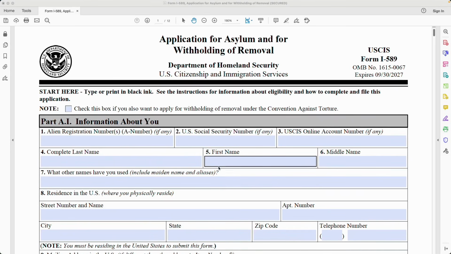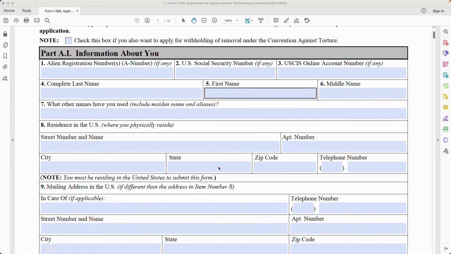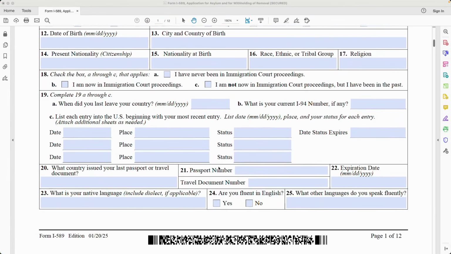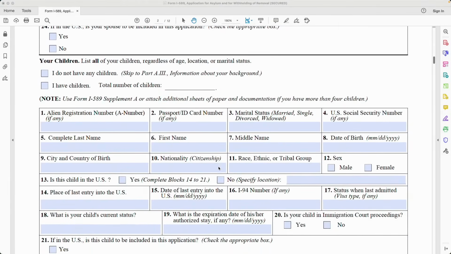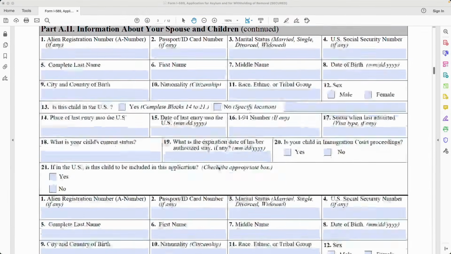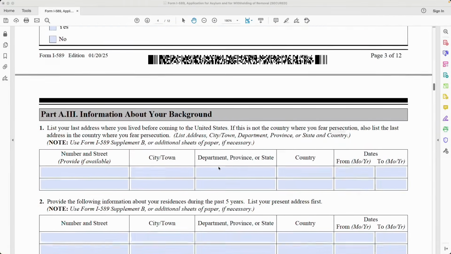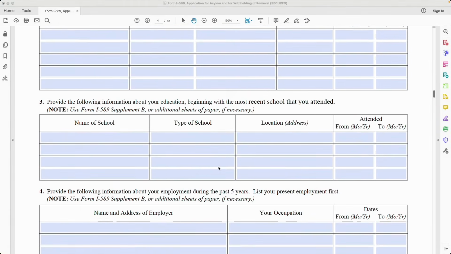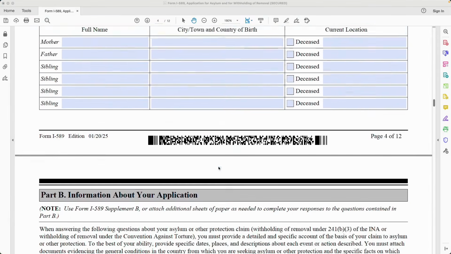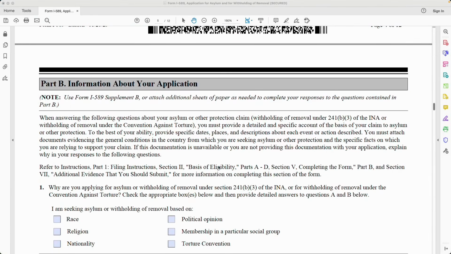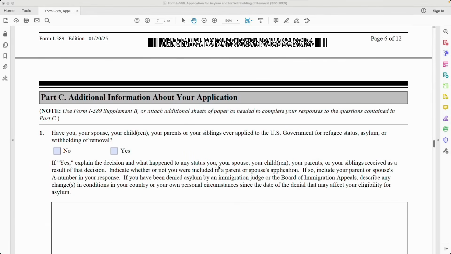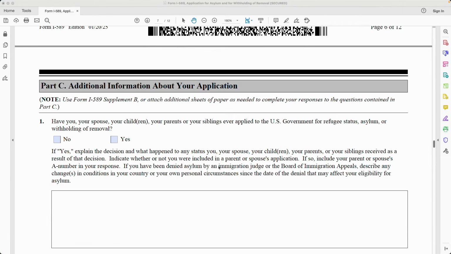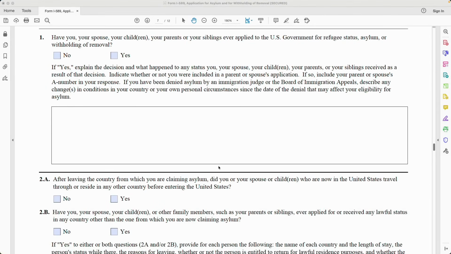As you can see here, Part A asks for biographical information about you, like your current address, information about your family, and things like your education and employment history. Part B asks questions about why you are seeking asylum. And Part C asks additional questions, like whether you have any criminal history.